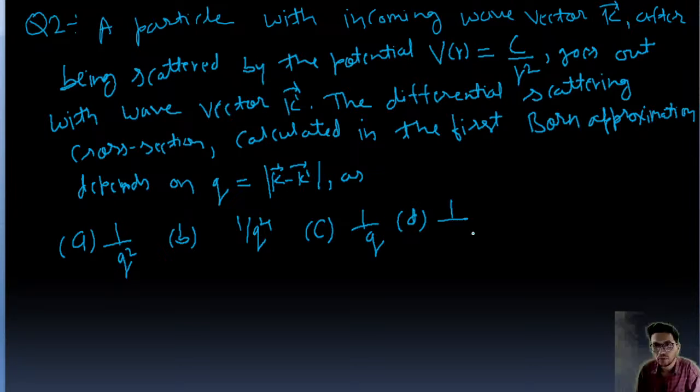So the question is: a particle with incoming wave vector k, after being scattered by potential C upon r square, goes out with wave vector k dash. Okay, wave vector k dash.